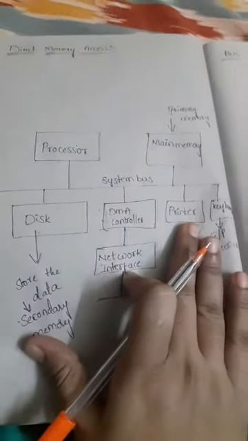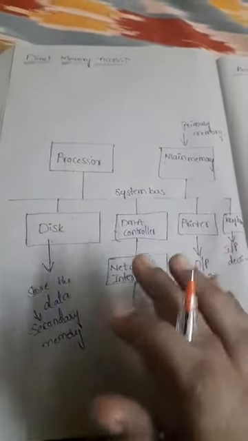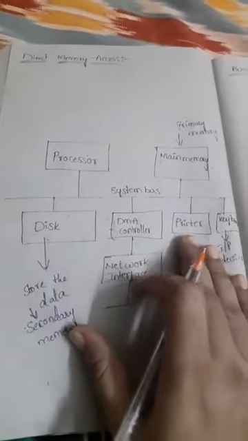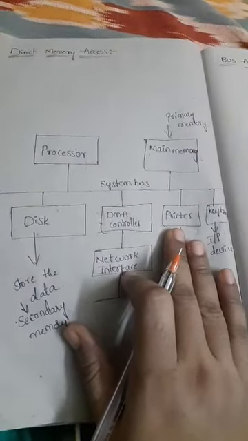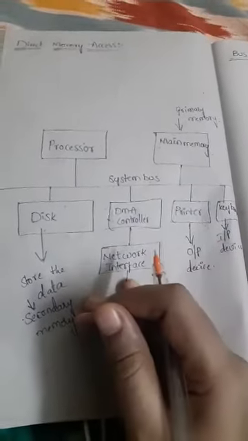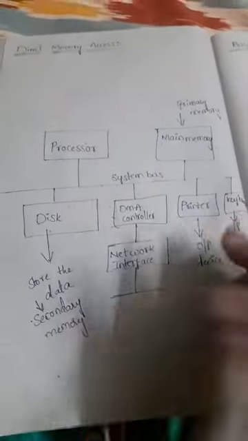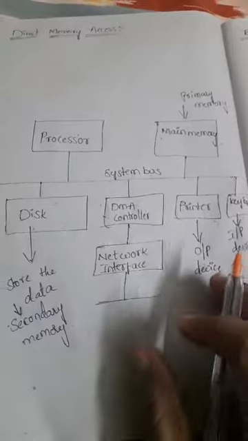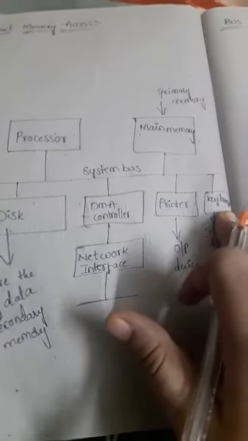Let us say you want to operate a computer. Whenever the user uses the input output devices of the computer, for example typing some matter on the keyboard, first we go with the input device.